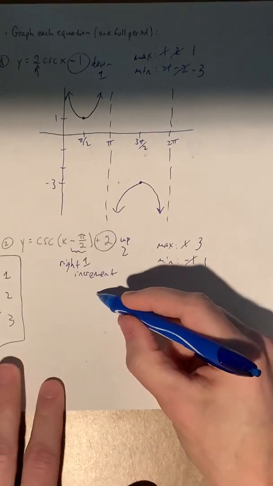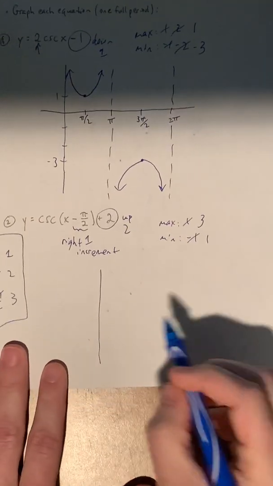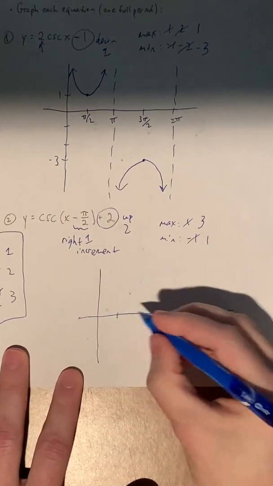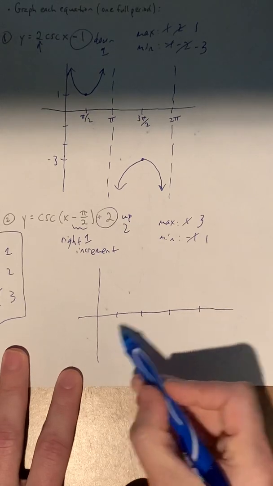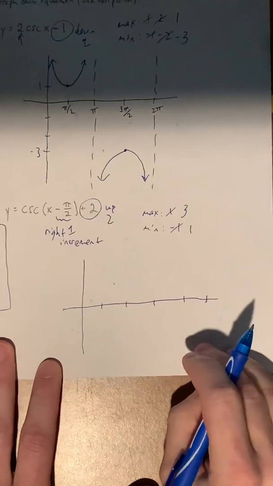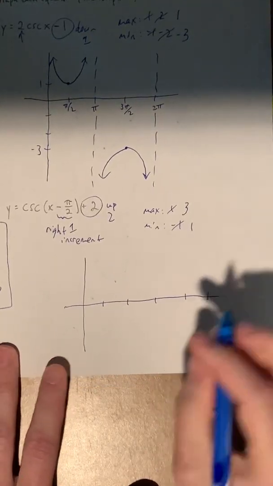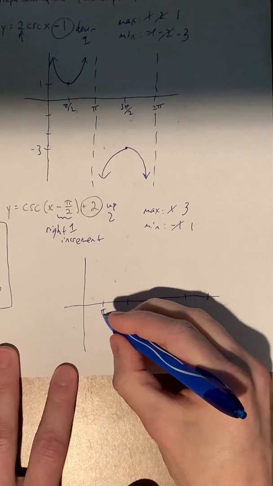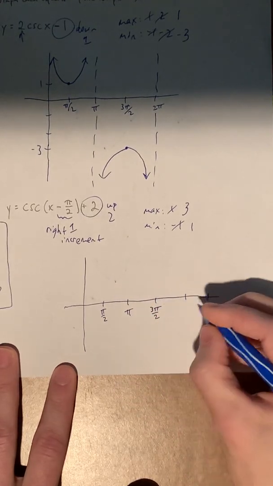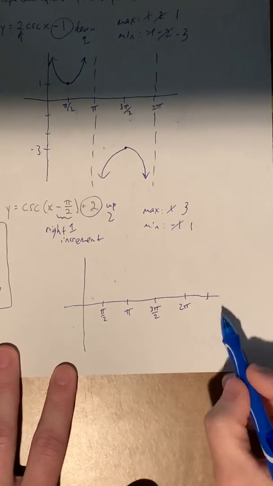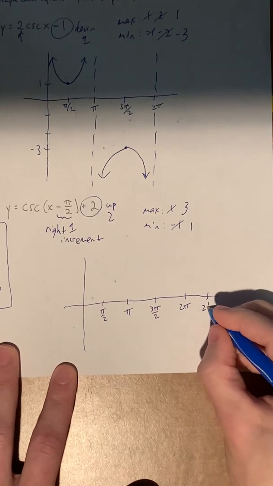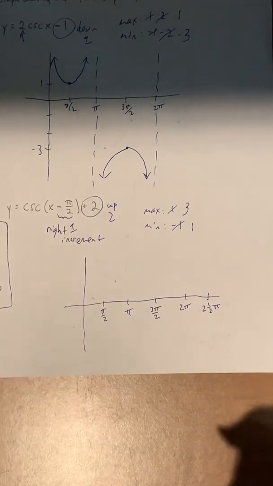All right, so we're ready to go. Now, normally we would do our 5 increments, but everything's going to the right 1, so we need an extra increment over here. So we have pi over 2, pi, 3 pi over 2, 2 pi, and this would be 2.5 pi or 5 pi over 2, whatever you want to put.